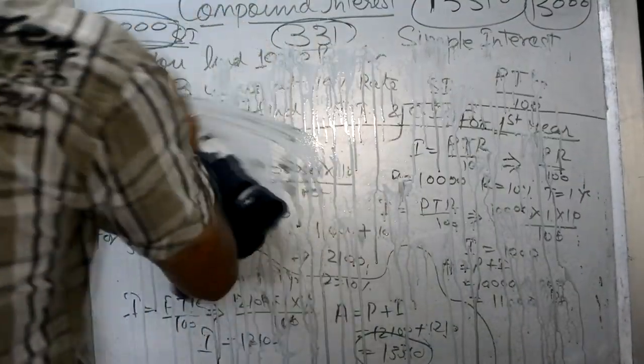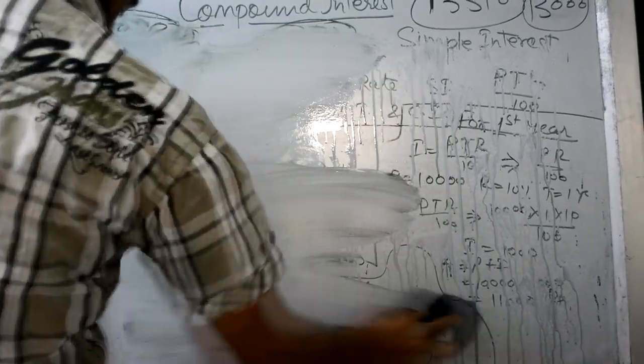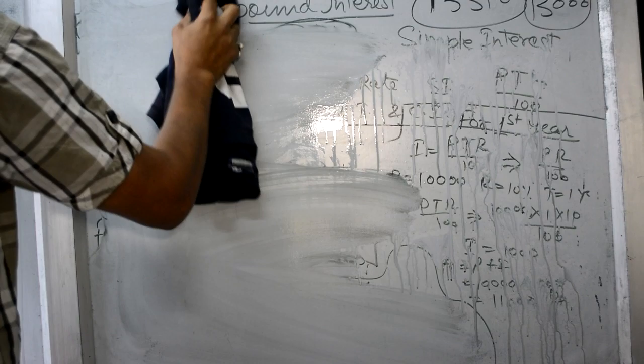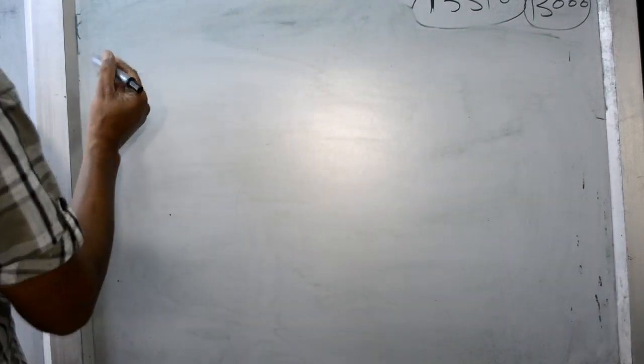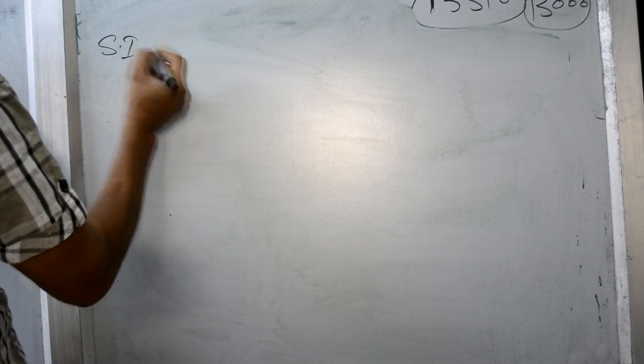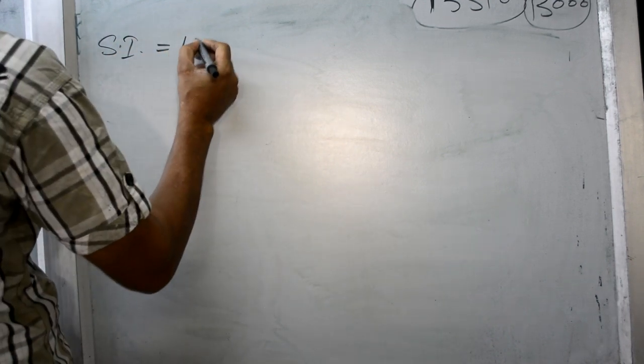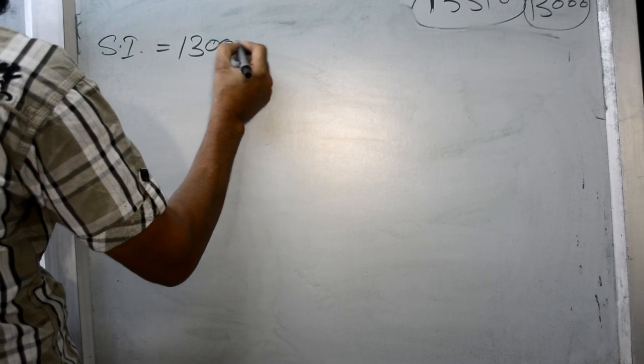Now friends, what will happen? I have to remove it first. Now, when we used the formula for simple interest, the final value of the money was 13,000 rupees.